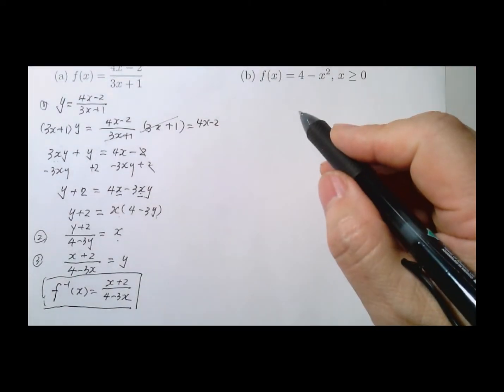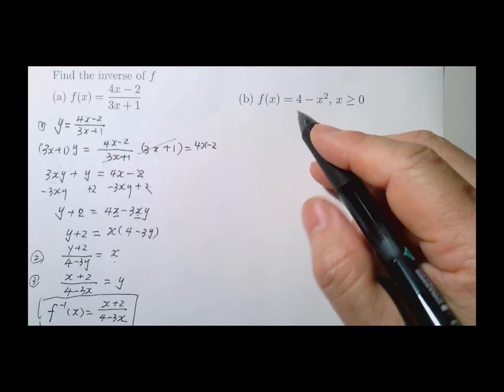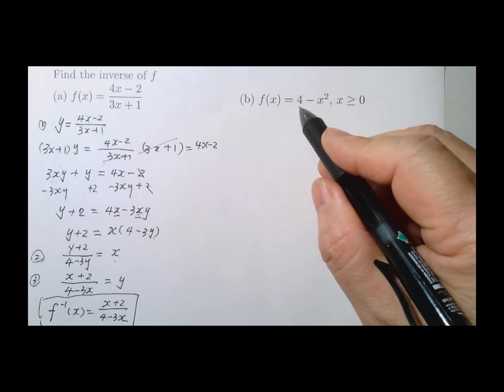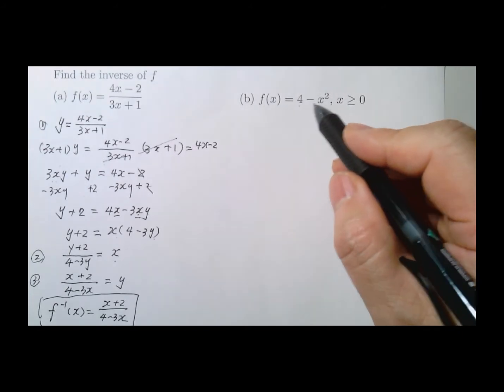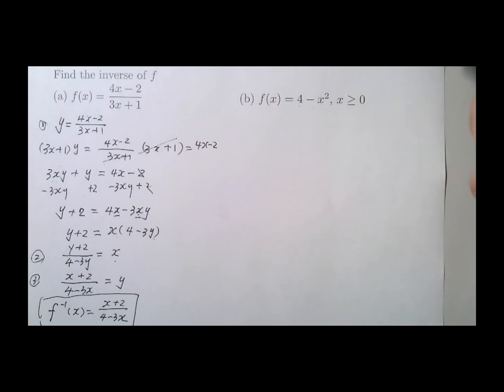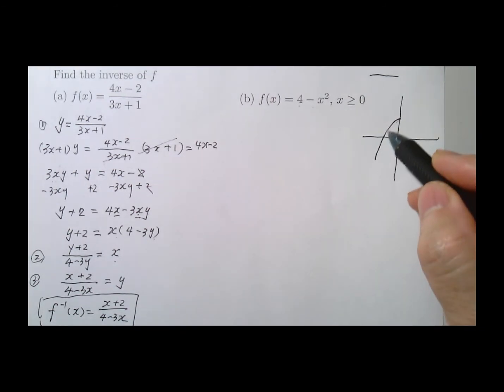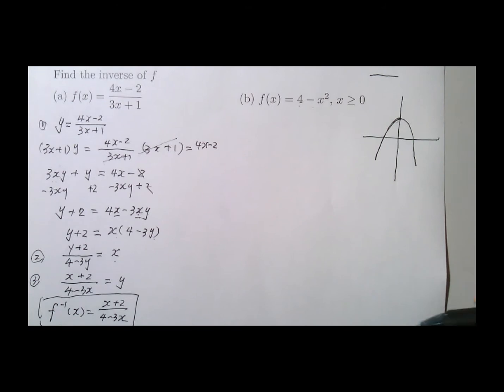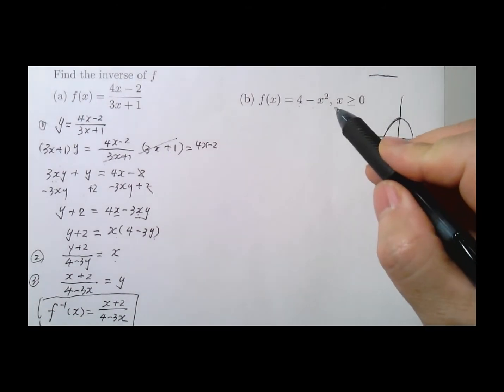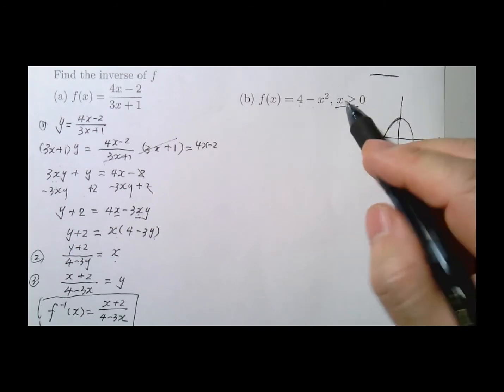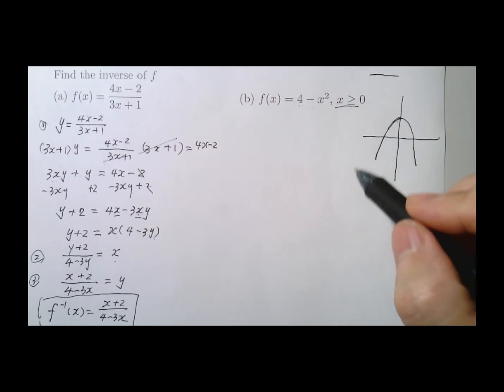Now let's take a look at the next question. With this function, you've got to be careful. We know 4 minus x squared is a quadratic function, and its graph looks like this. But in this case, x must be greater than or equal to 0.